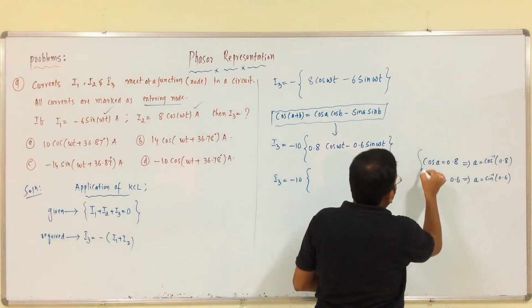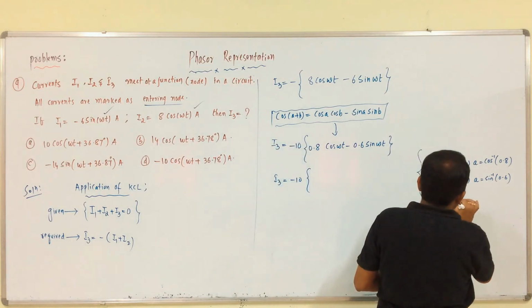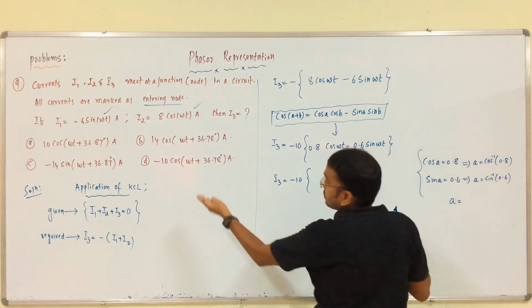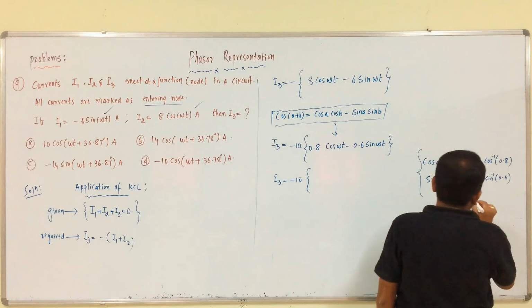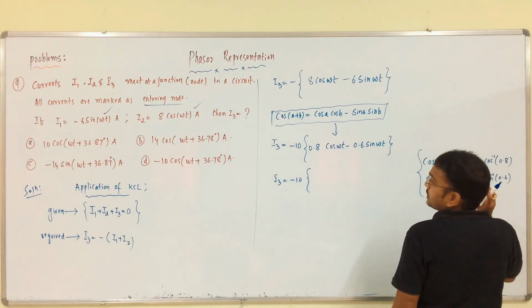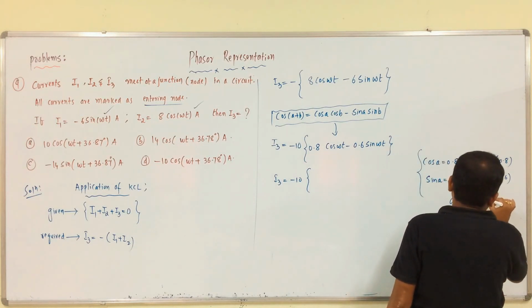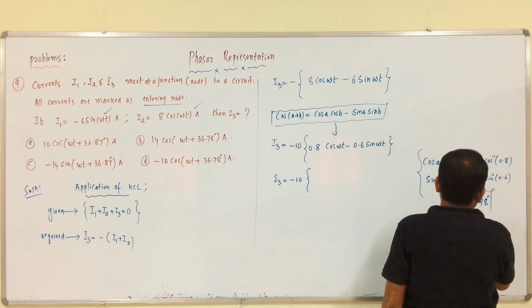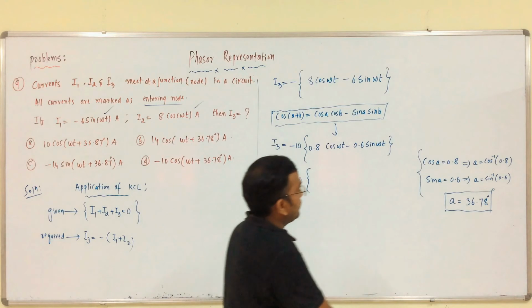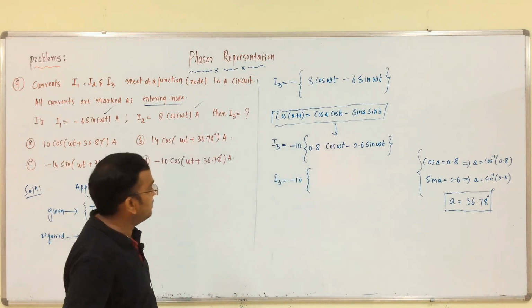Therefore, the value of A is what? We will get A as, see in the options we have only one angle, that is 36.78, 36.78, right? The angle is what? 36.78.